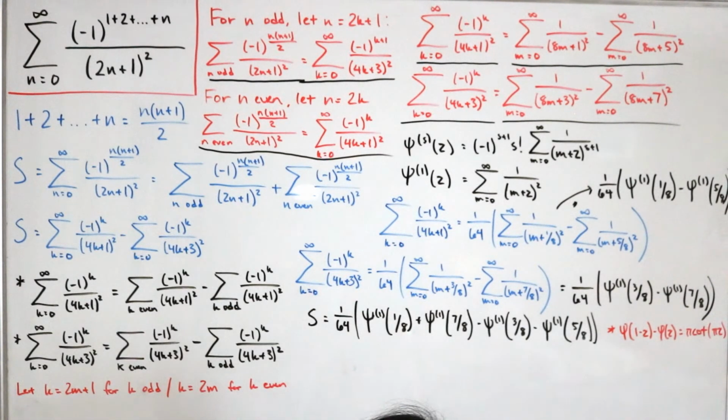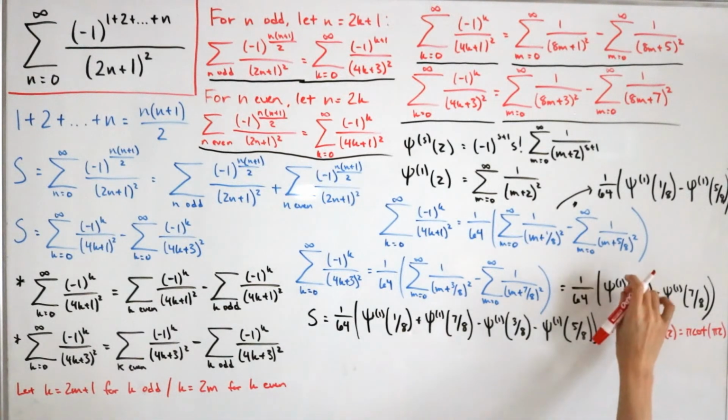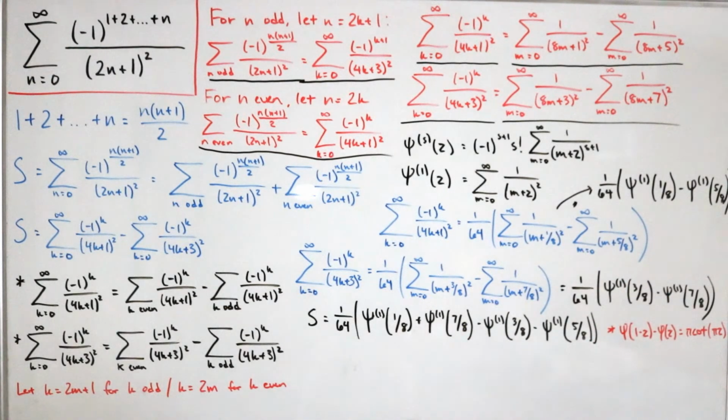Since we have these orders of 1, we can treat it along the lines of differentiating. So if we differentiate both sides of this equation, we would have psi of order 1 of 1 minus z plus psi of order 1 of z equal to pi squared times cosecant squared of pi times z.